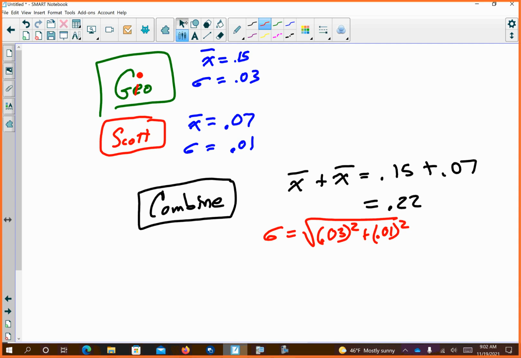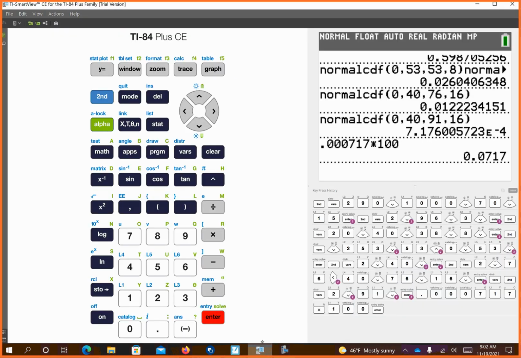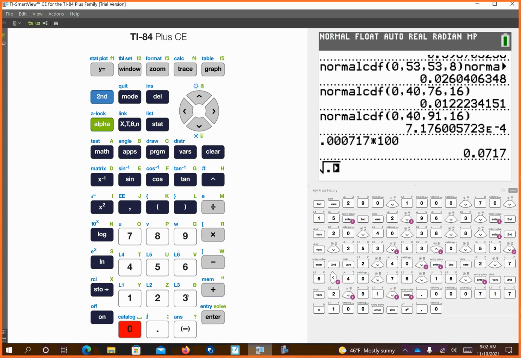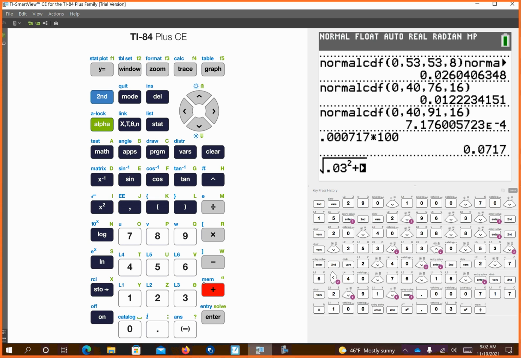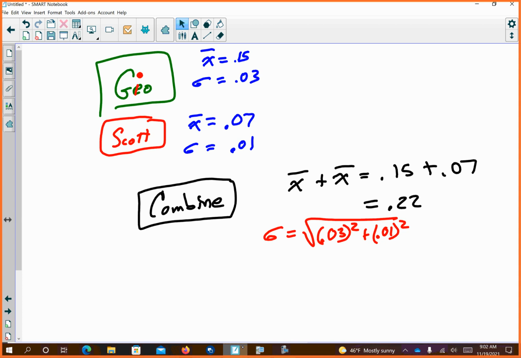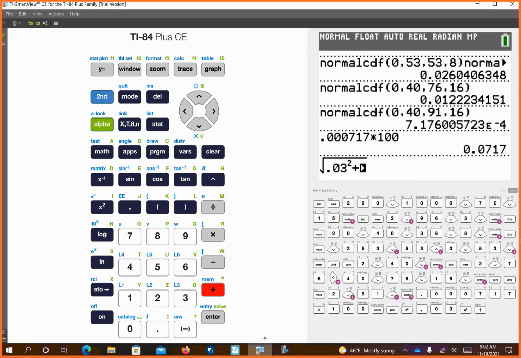Okay. So I need someone with a calculator. Oh, I got one. So square root of 0.03 squared plus, what was the other one, 0.01? All right.